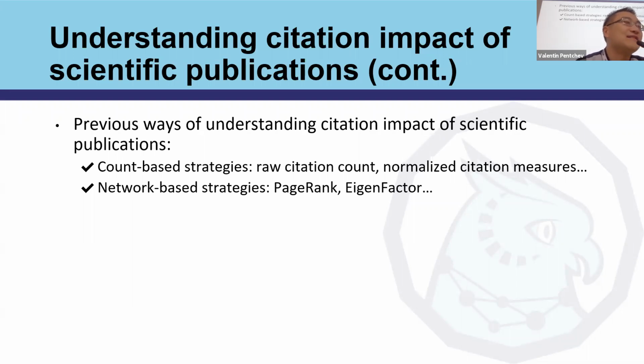For instance, we cannot compare a biological paper with a mathematical paper, right? The other way of measuring citation impact is network-based strategies, considering the whole citation network. For instance, the famous PageRank algorithm and h-index, both of them take the whole citation network into consideration.